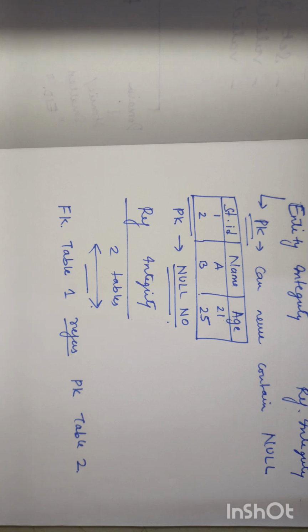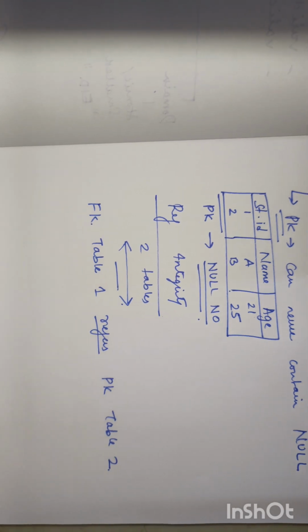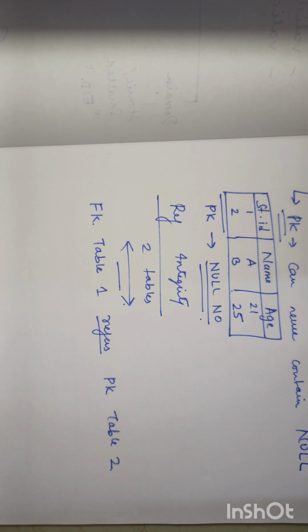For example, say a foreign key in table 1 refers to my primary key in table 2. That means that every value of the key in table 1 must be present in table 2 because it is used as a reference. For example, let's assume block number 20 is not allowed because it is not present in the second table.